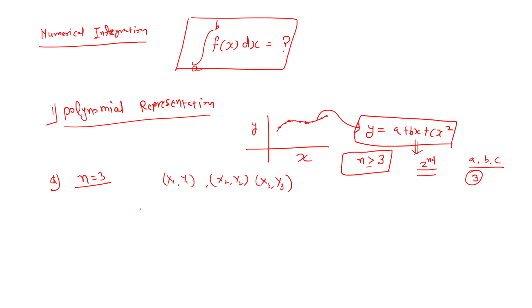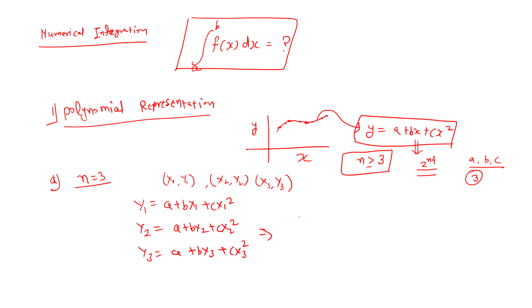So what we have, y1 is a plus b x1 plus c x1 square, y2 is a plus b x2 plus c x2 square, y3 is a plus b x3 plus c x3 square.